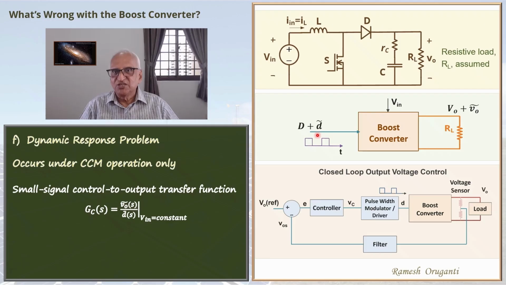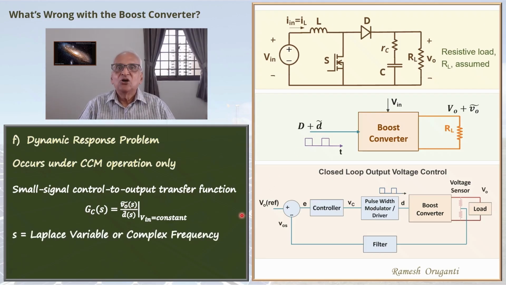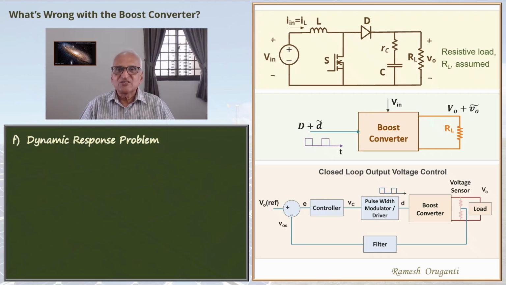We are not changing V in here. Here S is the Laplace variable or the complex frequency. Given small perturbation in duty cycle, how does the output voltage vary? We consider that ratio in the Laplace domain. V0 tilde of S divided by D tilde of S.